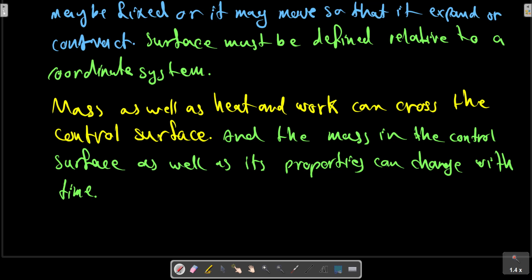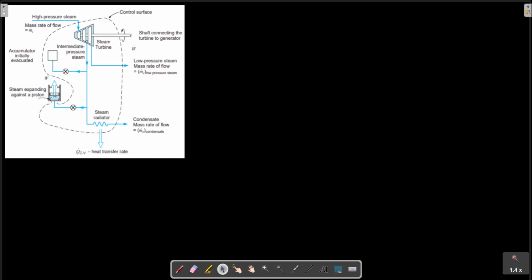The next picture shows a schematic diagram of a control volume that includes heat transfer, a steam radiator, shaft work, a steam turbine, moving boundary work, an expanding piston, for example, accumulation of mass within the control volume, and several mass flows.